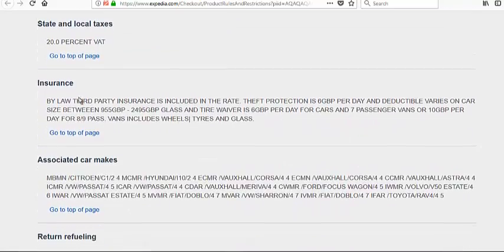Okay, it says by law, third-party insurance is included in the rate. Theft protection is £6 per day, and deductible varies on the car size. Deductible. So then you've got $9.55 to $24.95 to cover something else.